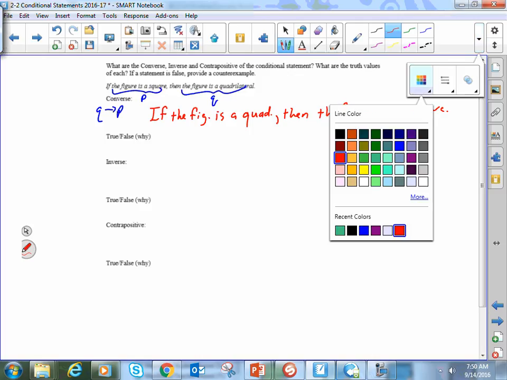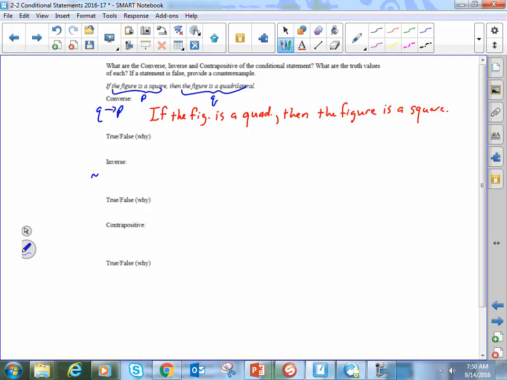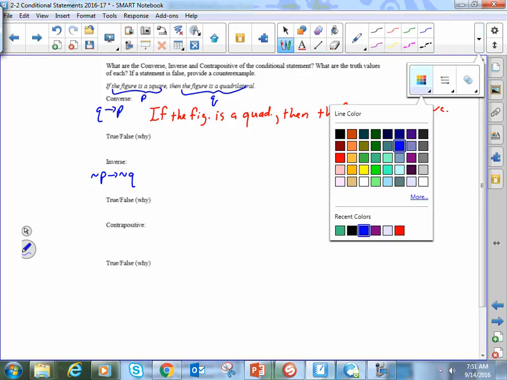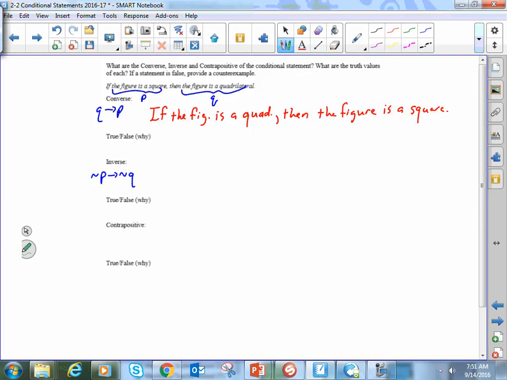Now let's go to the inverse. The inverse is going to negate the hypothesis and conclusion, but they stay in the same order. So I'm going to say, if not P, then not Q. So the inverse here, the way that we're going to change the conditional statement, we're going to add the word not somewhere.